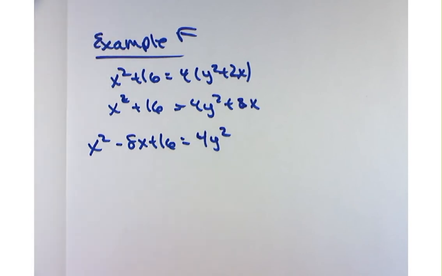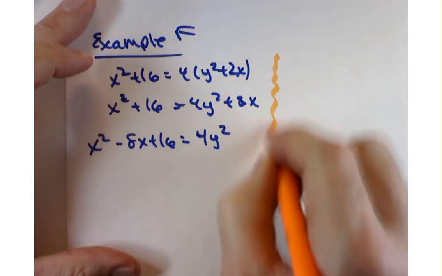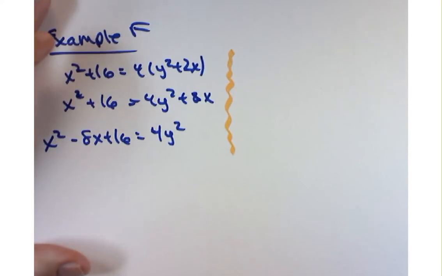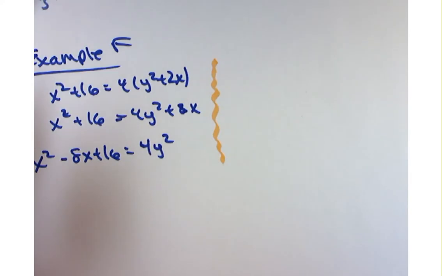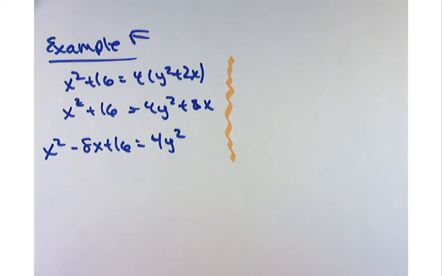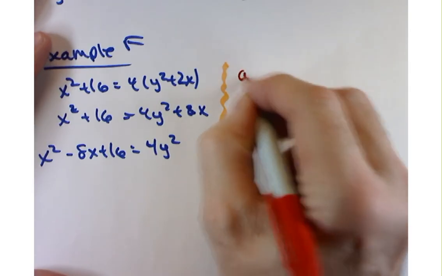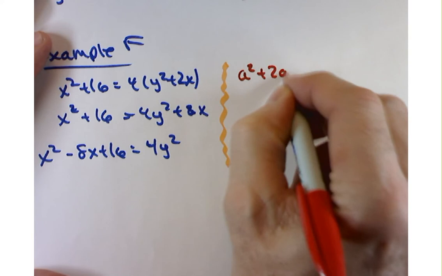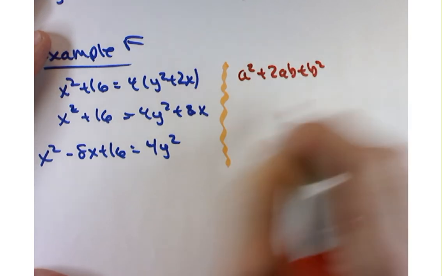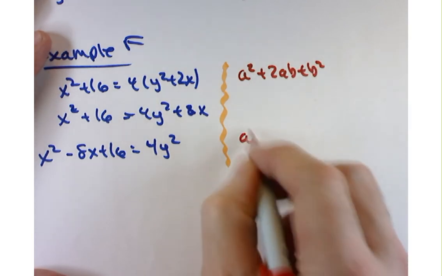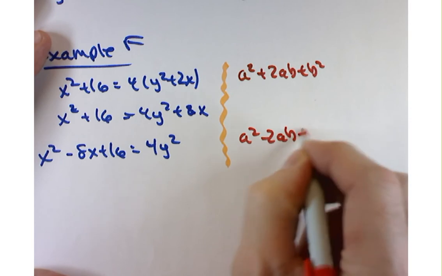There's something special about the left-hand side that maybe you'd notice, maybe you won't. But the left-hand side does have something interesting going on. And you're going to see that anytime you have something of the form a squared plus 2ab plus b squared, or a squared minus 2ab plus b squared.